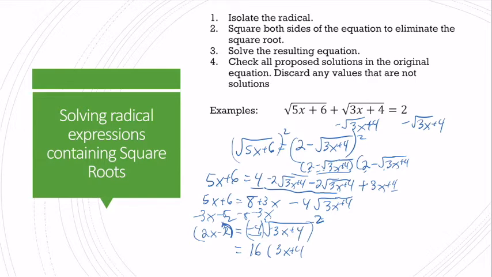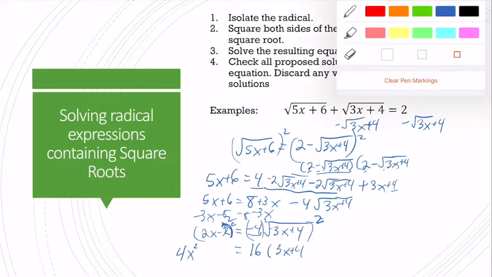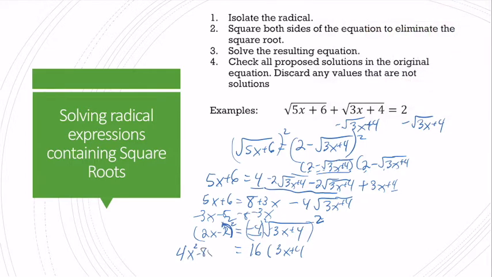My left-hand side squared, because I have to FOIL, gives me 4x squared minus 4x minus 4x plus 4, which is 4x squared minus 8x plus 4. Then I have to distribute this 16, so I get 4x squared minus 8x plus 4 equals 48x plus 64.